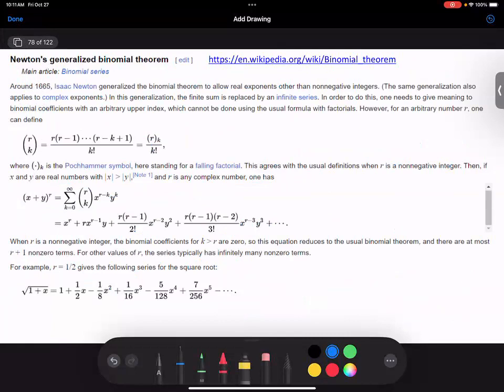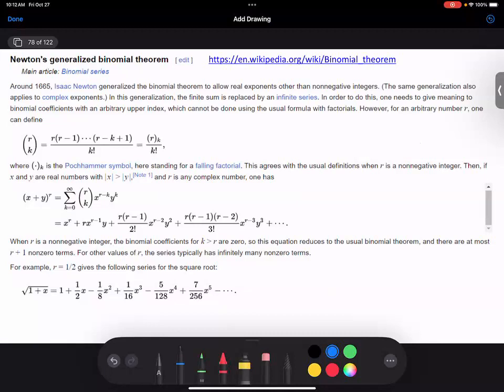And this was a big result from Newton, where he generalized the binomial theorem, and they define R choose k to be R times R minus 1 all the way down to R minus k plus 1 over k factorial. If R is a positive integer, this reduces to the standard notion.